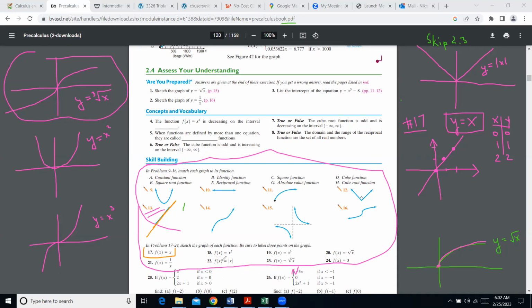Okay, how about exercise number 18? X squared. Well, that's our parabola that we just placed on the left margin of the page. And here's the graph of exercise number 18.